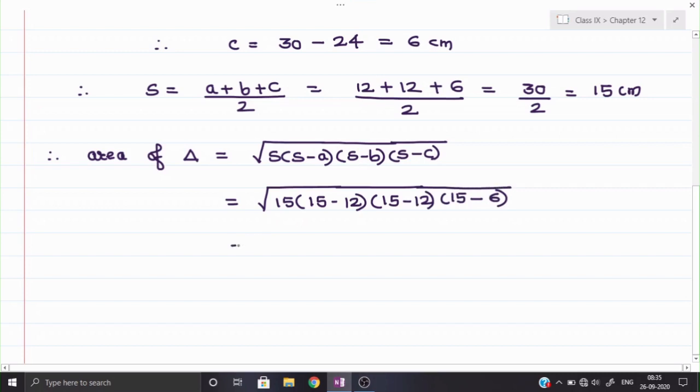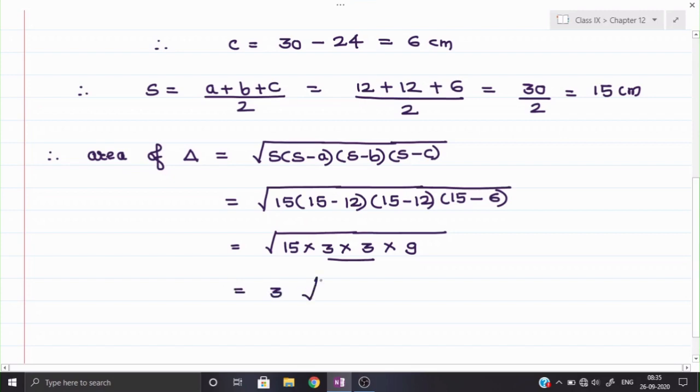Okay, let us solve it further. Fifteen will be as it is, 15 minus 12 is 3, again 15 minus 12 is 3, and 15 minus 6 will be equal to 9. Here a pair of 3 is complete, so this pair first of all I will send outside.